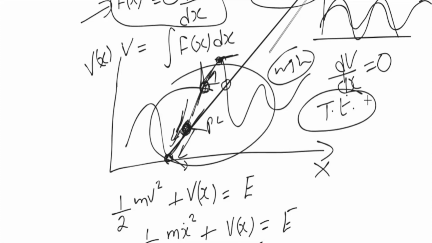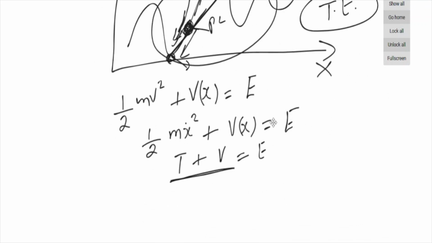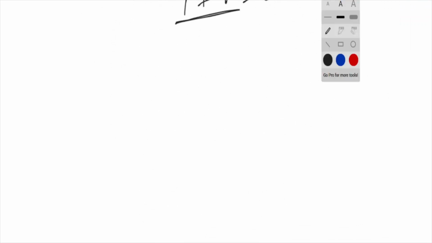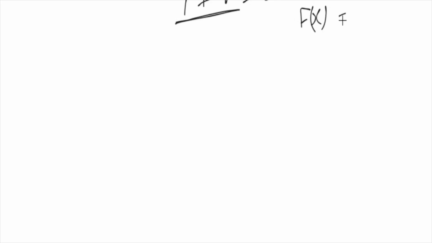Let's write Newton's law of motion. And what is Newton's second law of motion? That is Fx is equal to m x double dot.